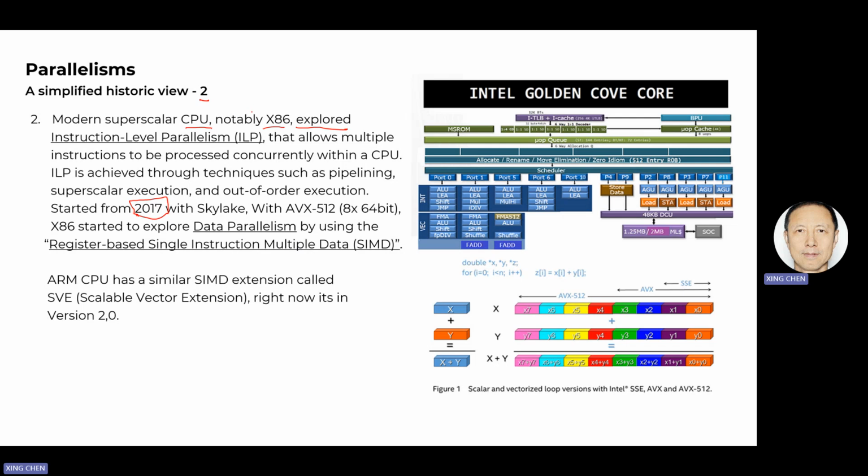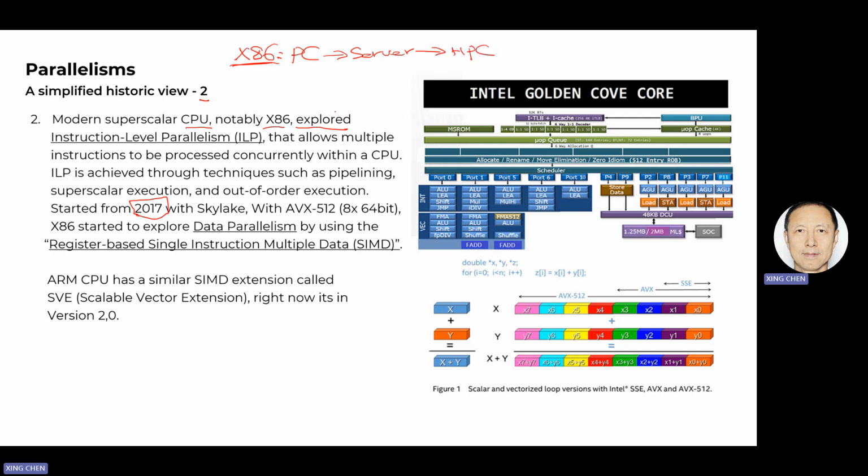Starting from the 80s, late 80s and 90s, we started to have this booming of x86 based systems, starting from the PC and later on the server market. Up to now, they are dominating the server market and also the HPC market.